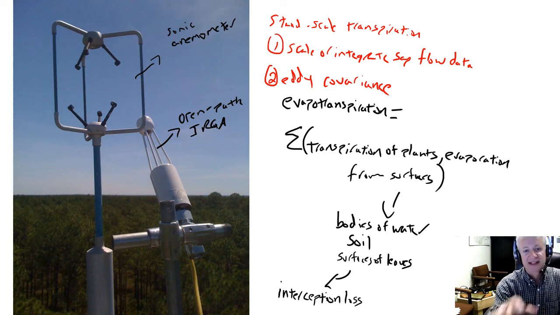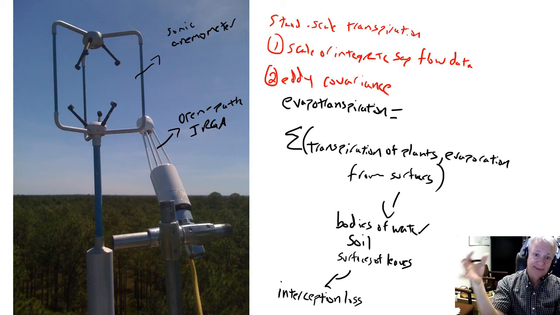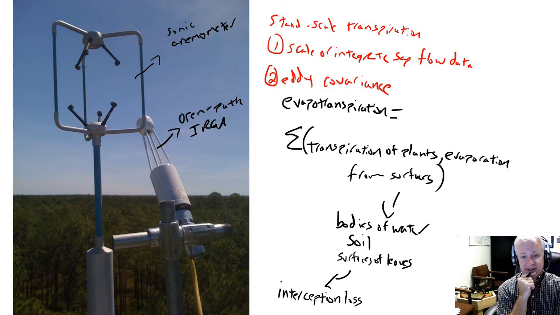Okay, that's sort of going off on a tangent, but I'm just trying to make it clear that the measure from eddy covariance is not the same as the leaf transpiration we've been talking about, or the scaled up sap flow that you would get to measure stand transpiration.